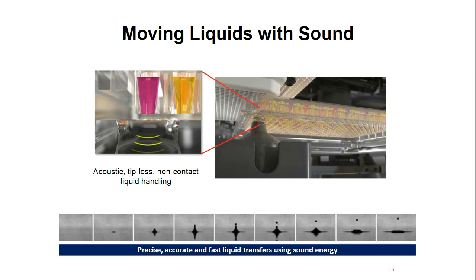You see the source plate with all of the solution of different colors, purple and yellow, and you see the destination plate white just above upside down. In the time-lapse sequence that you see at the bottom of the slide, you see the formation of the small droplets that are shot in the destination plate during the dispensing.